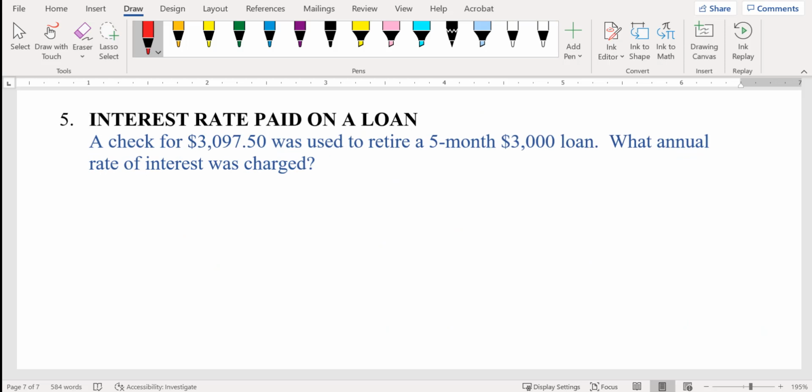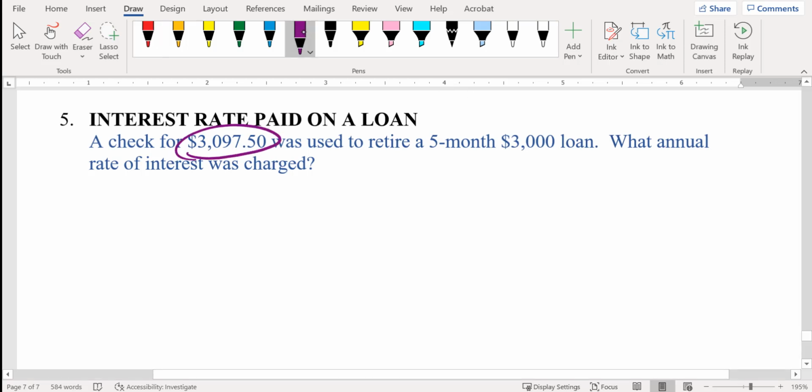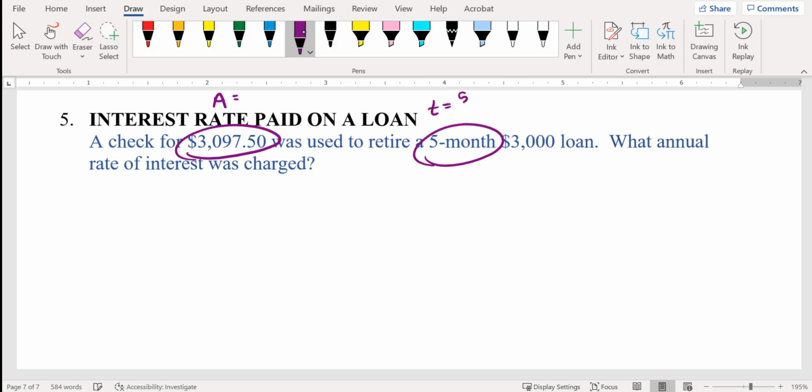Number 5, a check for $3,097.50 was used to retire a 5-month $3,000 loan. What annual rate of interest was charged? Okay, what do we know? That's how much was used to pay it off, so that was the future value. 5 months, so T is going to be 5 over 12.